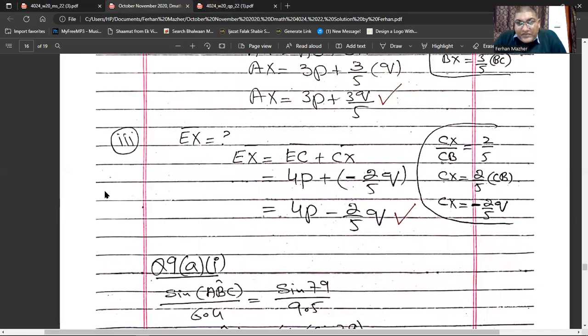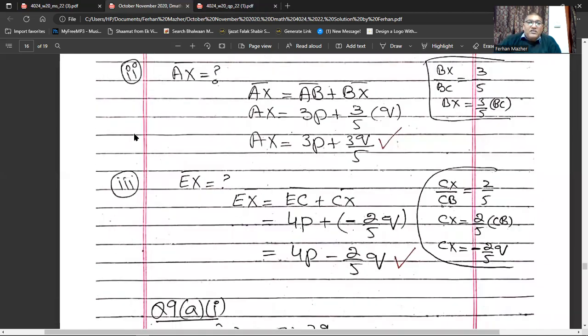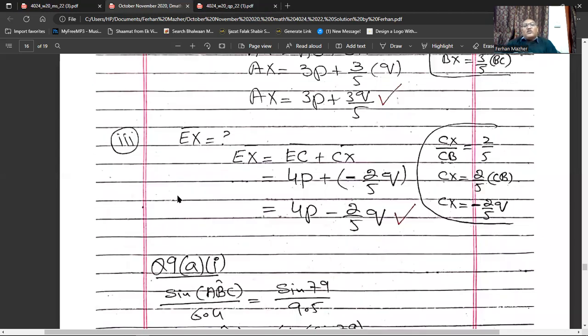For EX, I will go from E to C, from C to X. EC is 4P. E to C will be 4P. And CX will be 2 by 5 of minus Q. So EC plus CX equals 4P plus minus 2 by 5 of Q. So it's 4P minus 2 by 5 of Q.